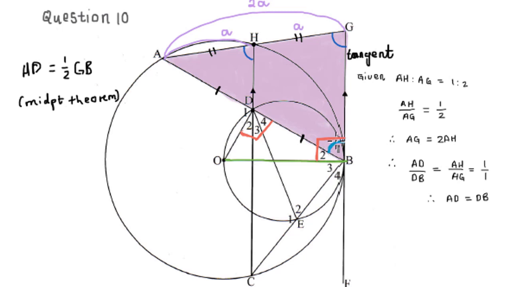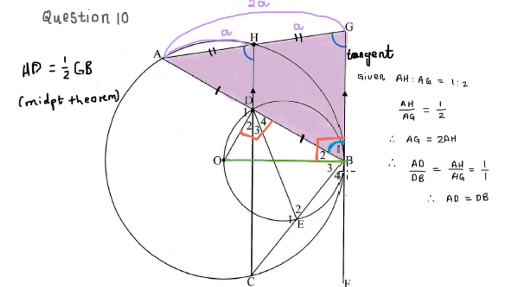Angle B1 is touching two chords. It's first touching the chord of the larger circle, which is the chord AB. What is the chord AB subtending at the circumference?